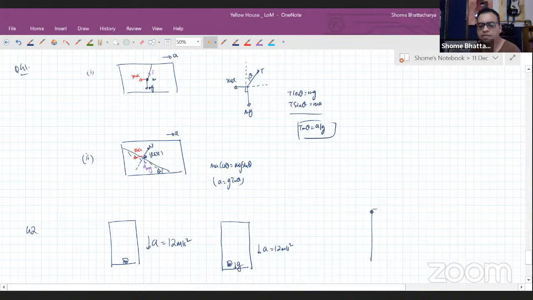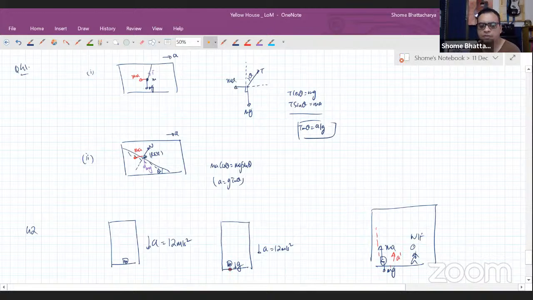So if you're looking at it from inside the elevator in the non-inertial frame, you will see that on the box there is an upward pseudo force and there's a downward mg, and you'll see this is more than this. So the box, with respect to it, will have an upward acceleration of (ma minus mg) divided by mass. So that will make the box actually go up in your frame.